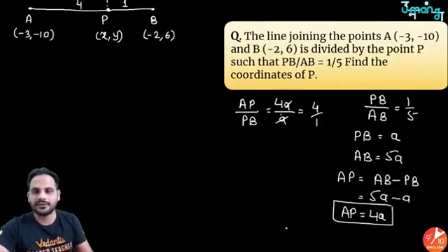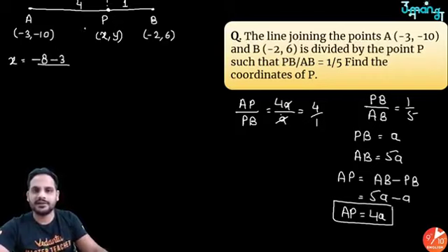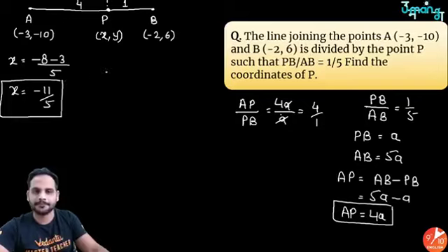Now let's use the section formula. So x is equal to 4 into minus 2 is minus 8, plus 1 into minus 3 is minus 3, divided by 4 plus 1, which is 5. Correct? So minus 8 minus 3, x is equal to minus 11 by 5. Y coordinate will be 4 into 6 is 24, plus 1 into minus 10 is minus 10, divided by 4 plus 1.